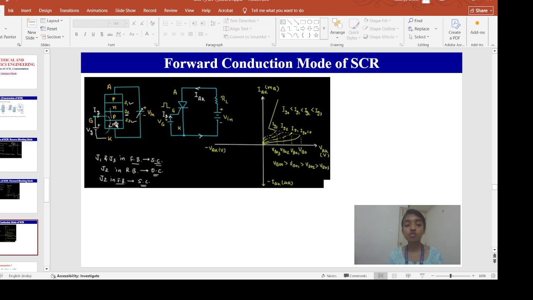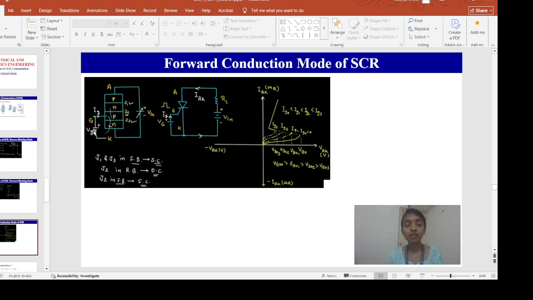In the bottom N region, we have free electrons. Among the free electrons, the ones having higher kinetic energy will start traveling in the reverse direction. When they reach the J2 junction, they will attack this depletion region existing at J2, and it will cause a breakdown in the depletion region.